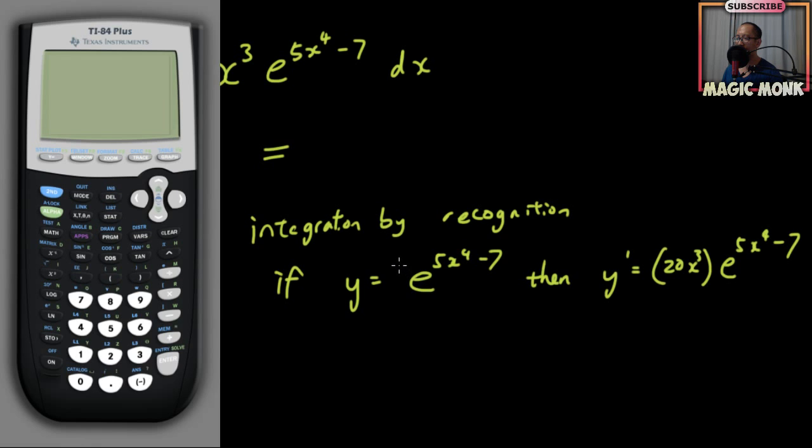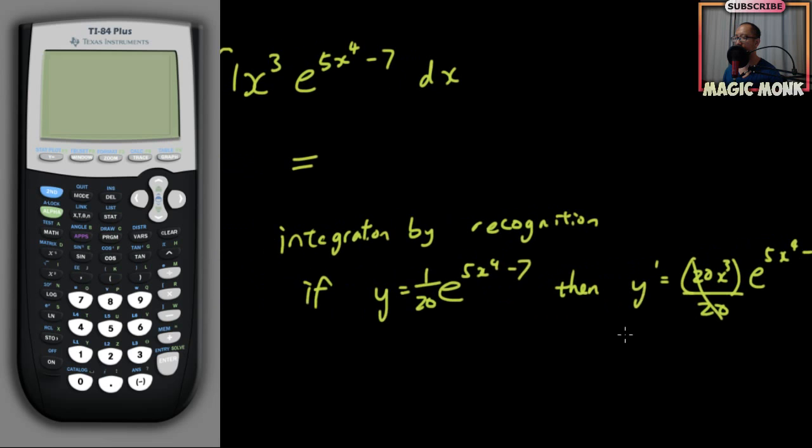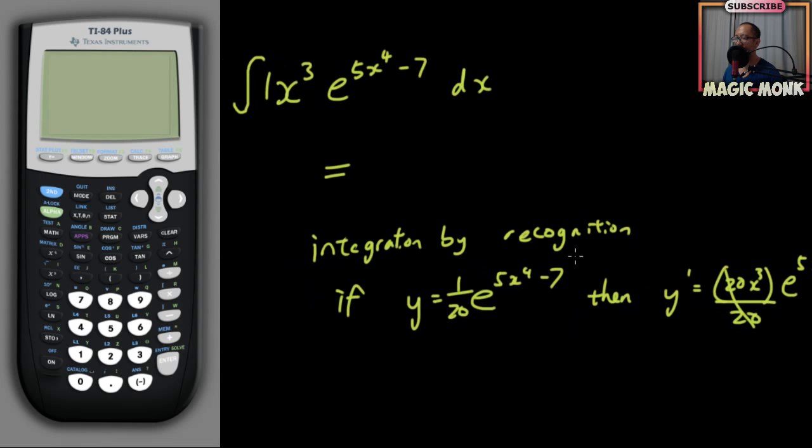If I multiply this left hand side by 1 over 20, then I have to multiply the right hand side by 1 over 20, so this just disappears. Okay, so what is the answer? The answer is 1 over 20 e to the power of 5x to the 4 minus 7 plus c. If you don't believe me, try and differentiate it. You'll get that answer.